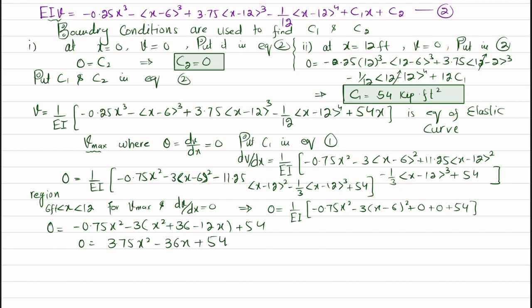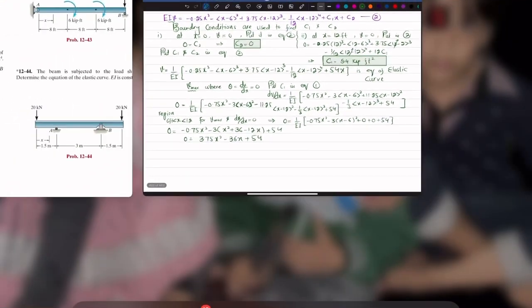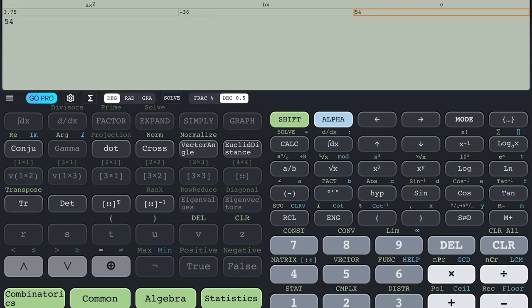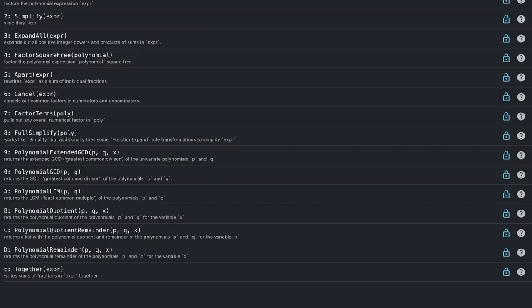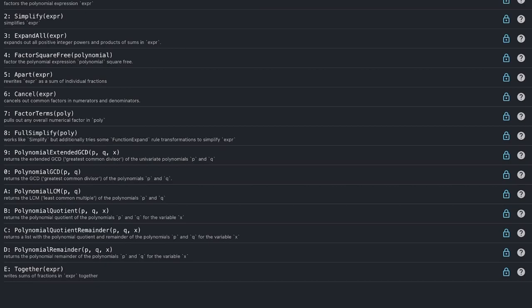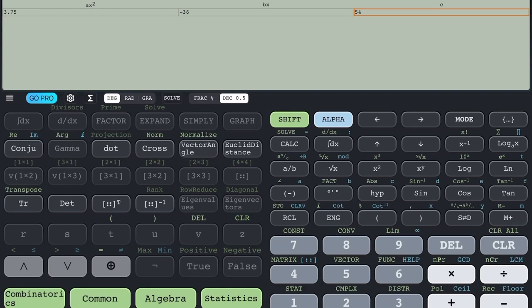So this is your quadratic equation, and you can solve it by using a calculator. If you are not aware, you can just go to this mode. You can see here, this is the quadratic equation ax square plus bx plus c.